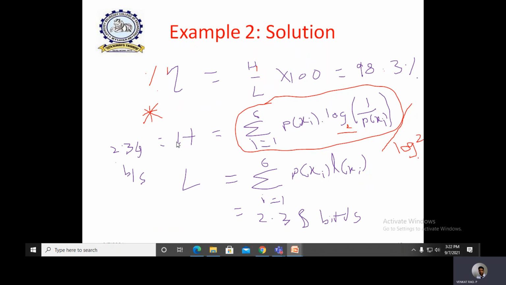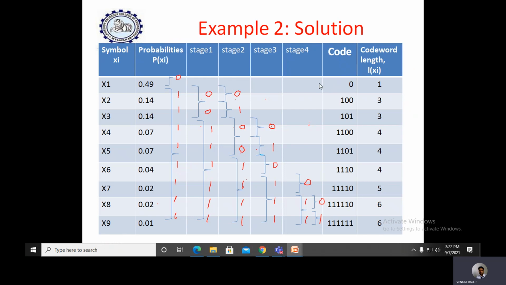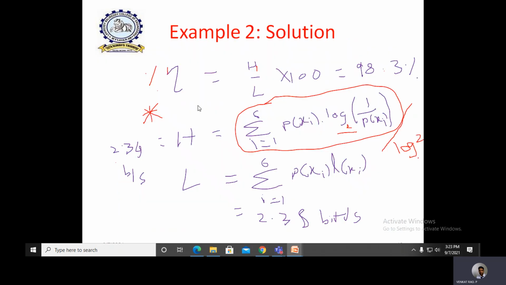If you calculate H and L separately, then divide and multiply by 100, we get a percentage that indicates how efficient your coding technique is. In this example, the efficiency is 98.3%. That means 98% efficiently we can encode the source symbols into bits.